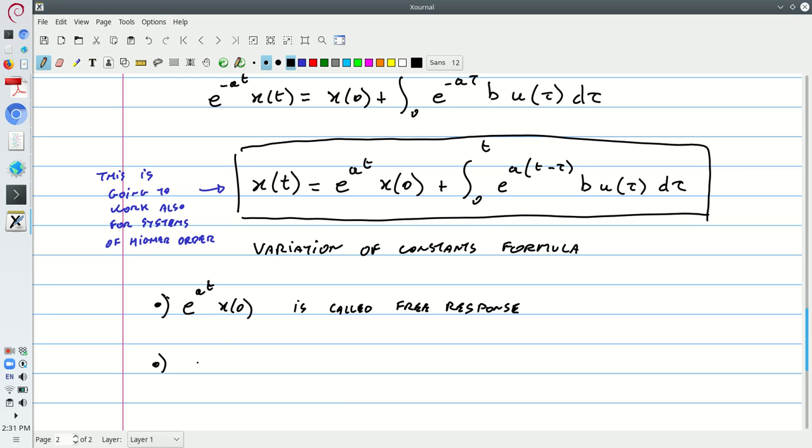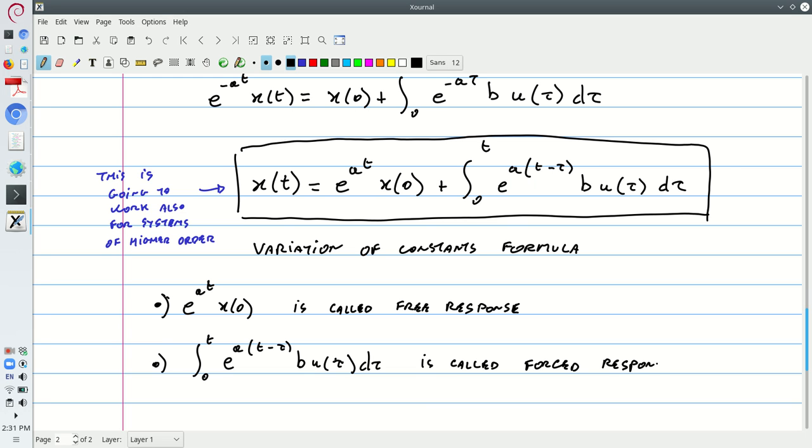And instead, the other term that has this form, the integral of exponential of a t minus tau b u of tau d tau, is called a forced response.